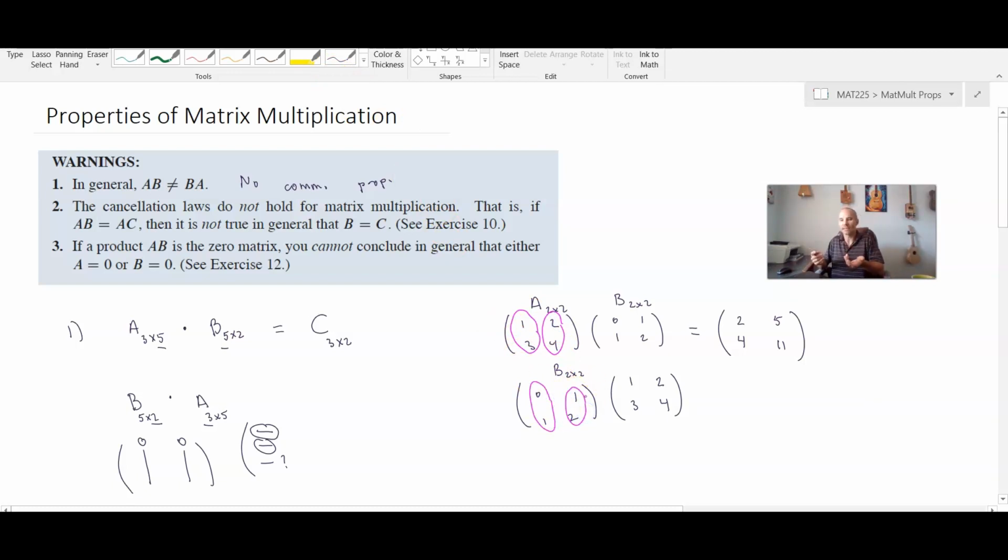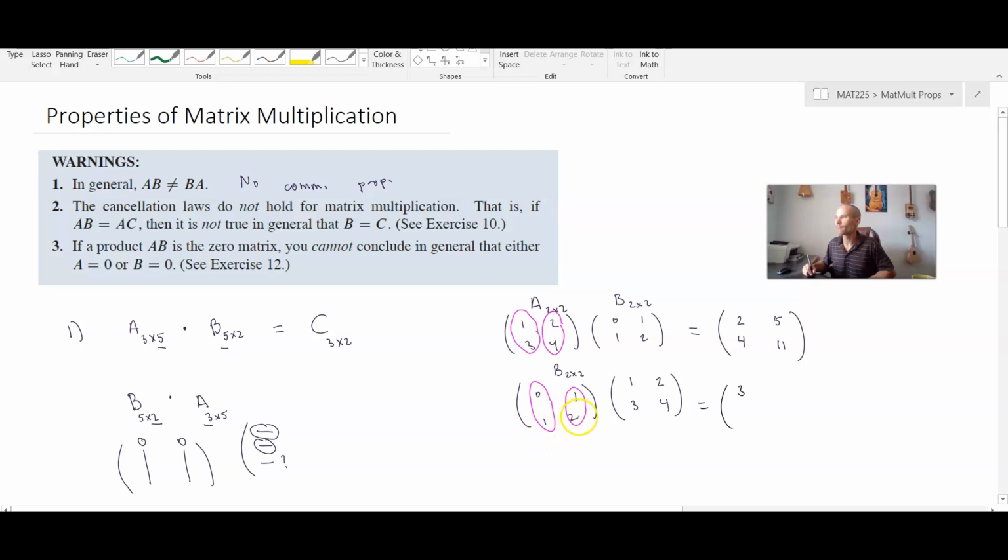So already we can tell that we're not doing the same thing. In fact, when we take 1 times the 0, 1 vector and 3 times the 1, 2 vector, we are going to get 1 times 0 plus 3 is 3. And already we're done. Already we can see that just the first element alone is going to be different.